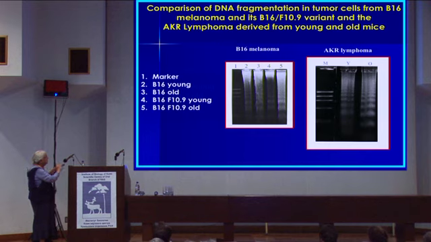You can see the difference in apoptosis according to the typical DNA fragmentation, ladder type, that is more evident in old than in young, for B16 melanoma and for ATR lymphoma.